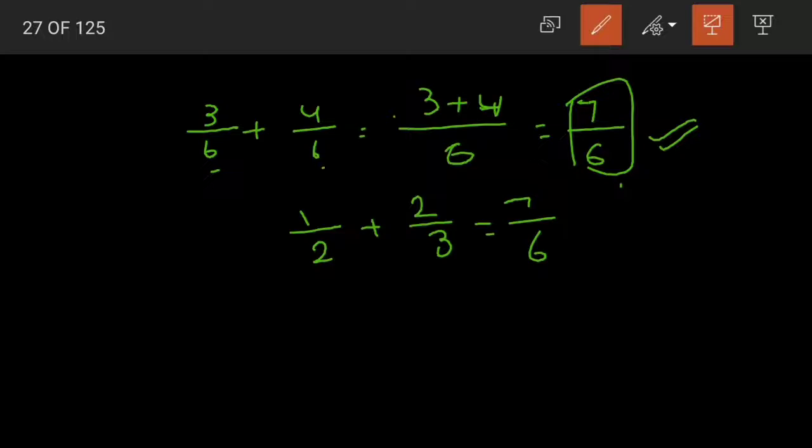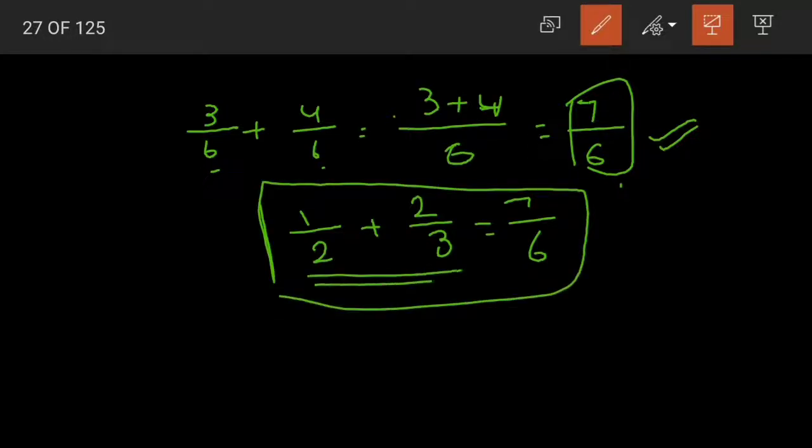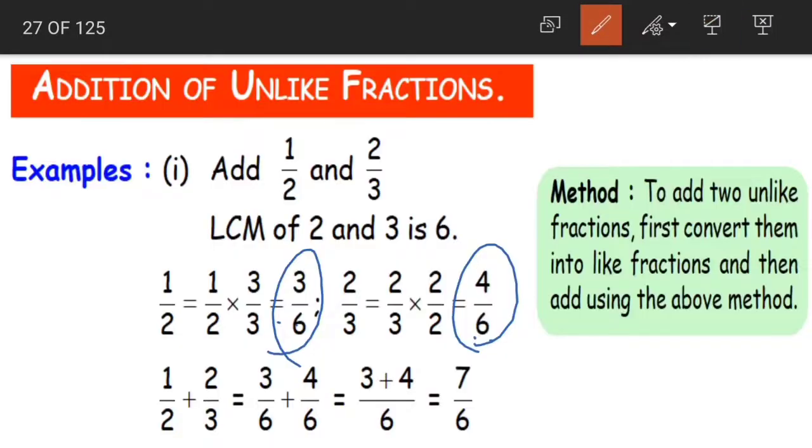Always remember to end the solution with a statement like this. Write the question is equal to, then write the answer. 1 by 2 plus 2 by 3 is equal to 7 by 6.